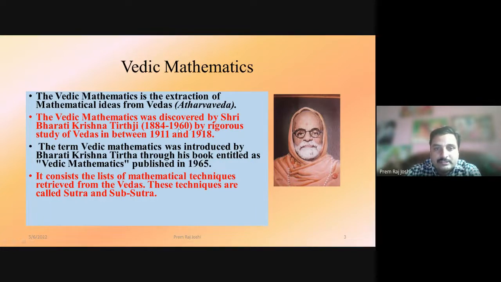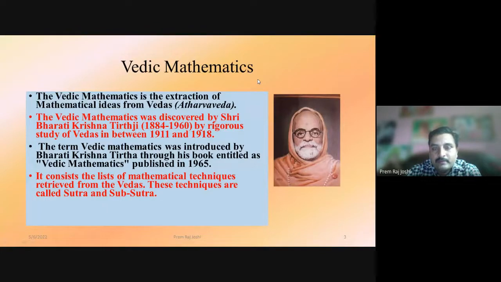After a rigorous study of about 8 years, he formulated some sutras and subsutras which can be used to solve mathematical problems and to do mathematical calculations. The Vedic Mathematics book was published in 1965, and this book consists of the sutras and subsutras, which are considered as Vedic mathematics.